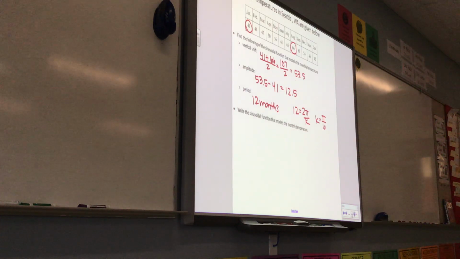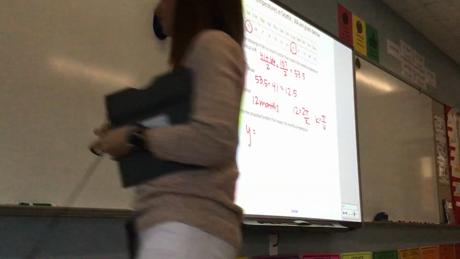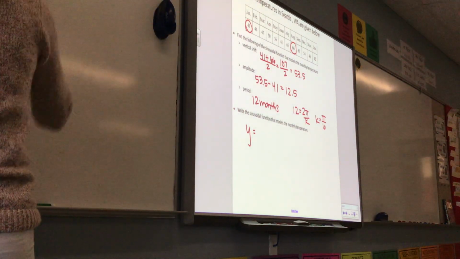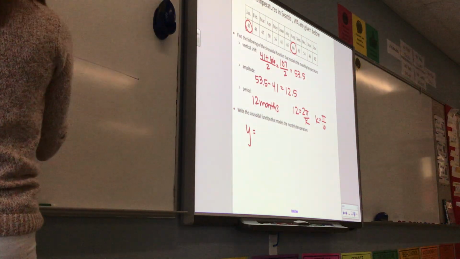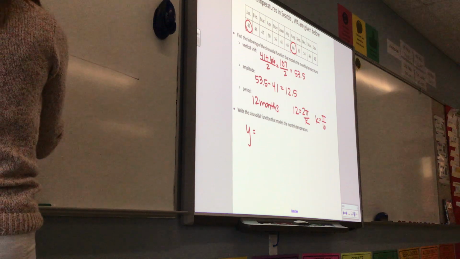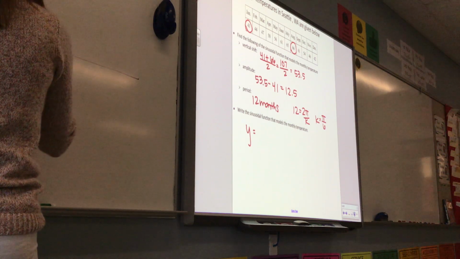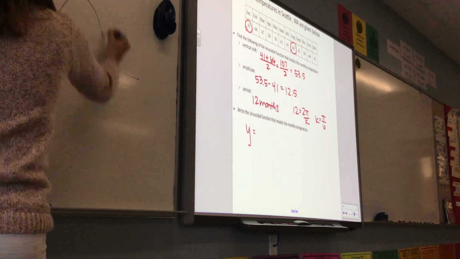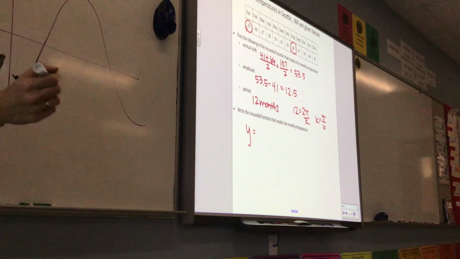Okay. So then I'm going to start to fill this in. If we sketch it, I'm going to sketch on the board to save some space. It's approximately that.